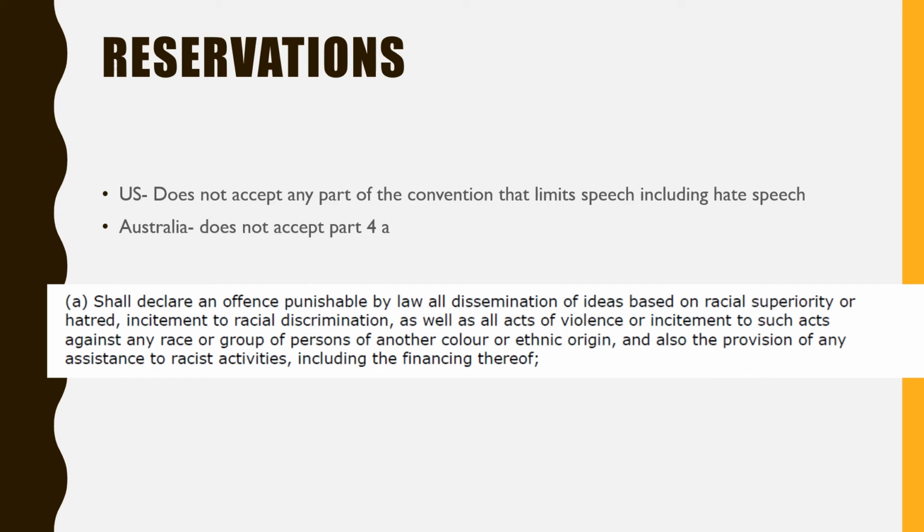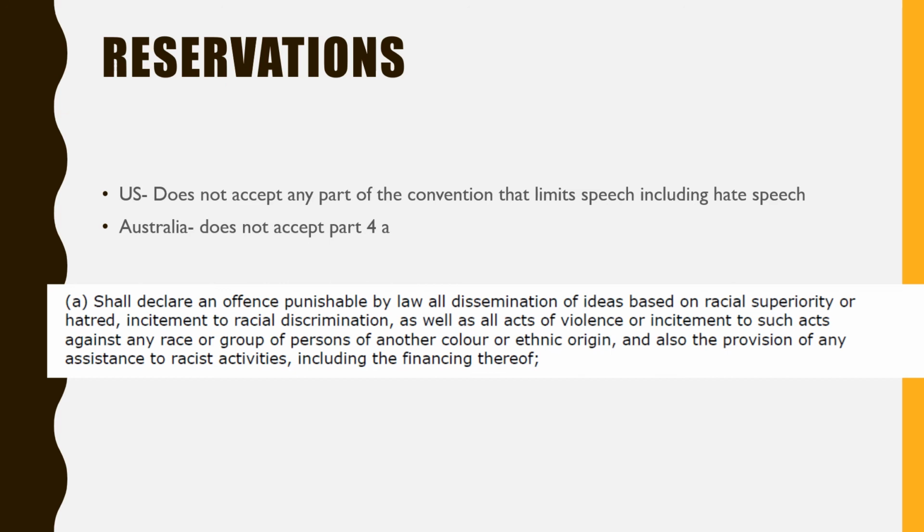And Australia still does not accept Part 4A, which is about hate speech. So Part 4A is: it shall be an offence punishable by law or dissemination of ideas based on racial superiority or hatred, incitement to racial discrimination, as well as all acts of violence or incitement to such acts against any race or group of persons of another colour or ethnic origin, and also the provision of any assistance to racist activities, including the financing thereof.